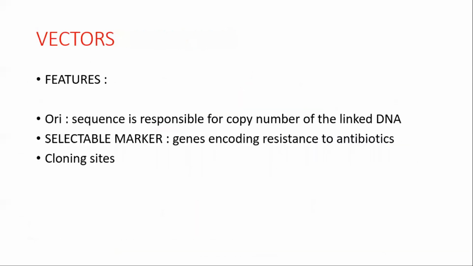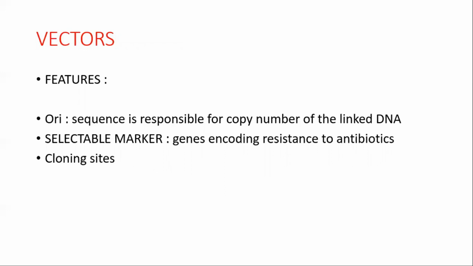Okay. Now moving on to vectors. If you take any vector, it should have these three particular components. One is your ORI, which stands for origin of replication. What is the use? Very, very important, again an MCQ. This sequence is responsible for copy number of the linked DNA.